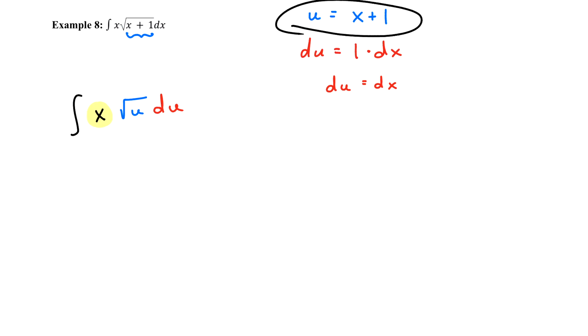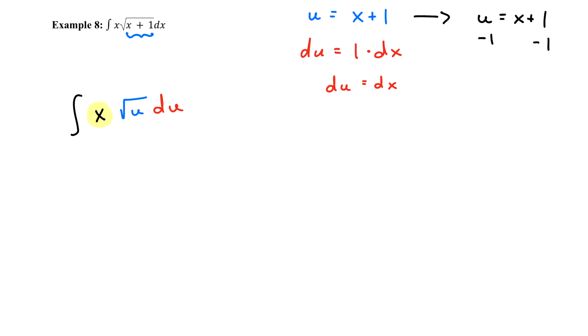I see this piece right here: u is equal to x plus 1. Remember that this is an equation. I'm going to rewrite this part: u is equal to x plus 1. Since that's an equation, I should be able to subtract 1 from both sides. If I do that, on the right-hand side I'll have x, which is exactly what I want. And on the left-hand side, I have u minus 1.